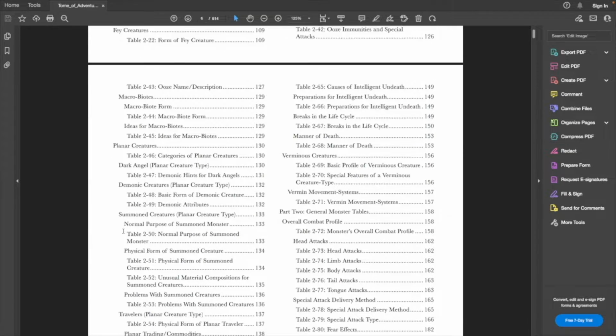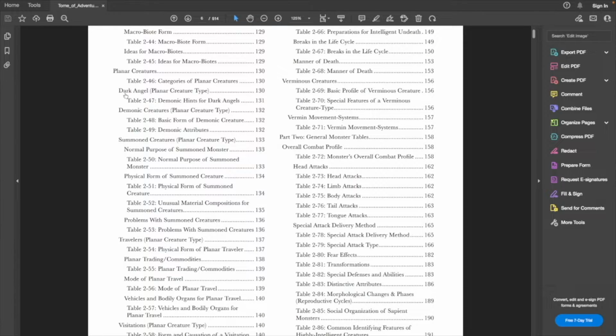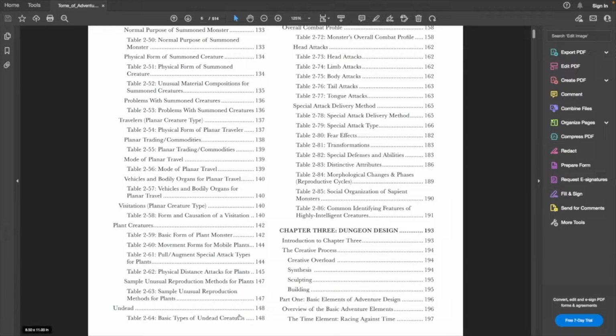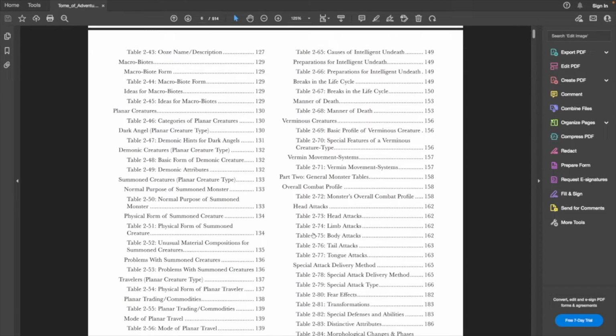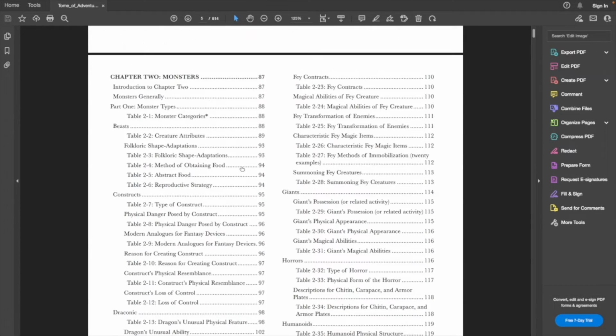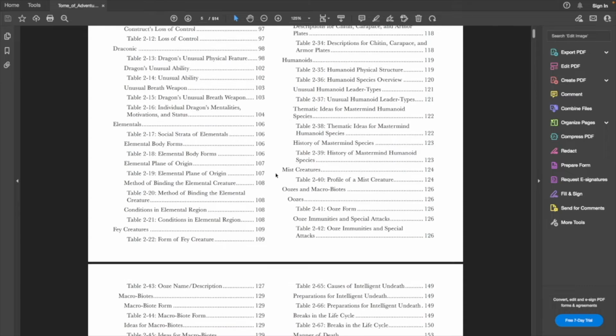Let's see, what else we got down here? These all seem like the travelers. I think that's part of the planar. Plant creatures, that's definitely another category. Undead, there's another category. So that is all part of part 1 of the monster chapter.